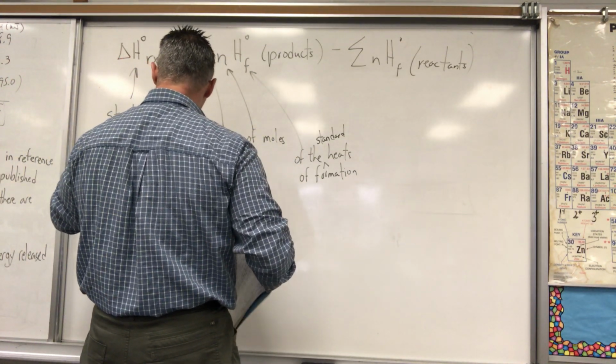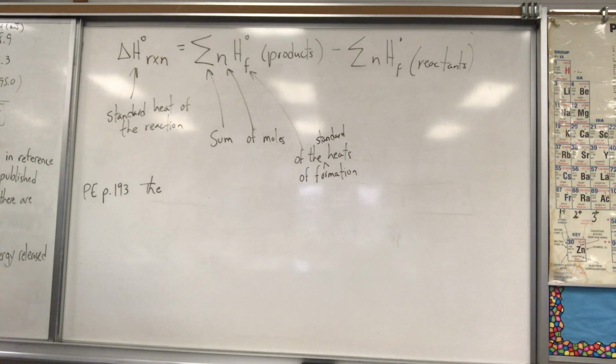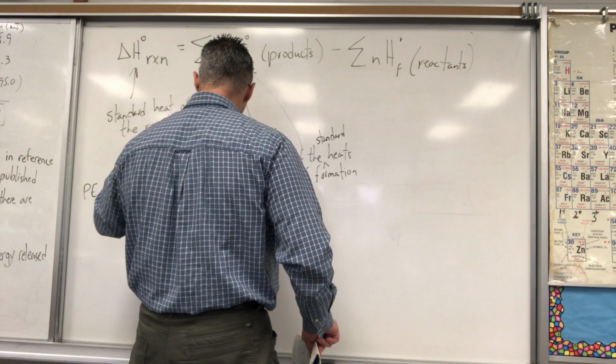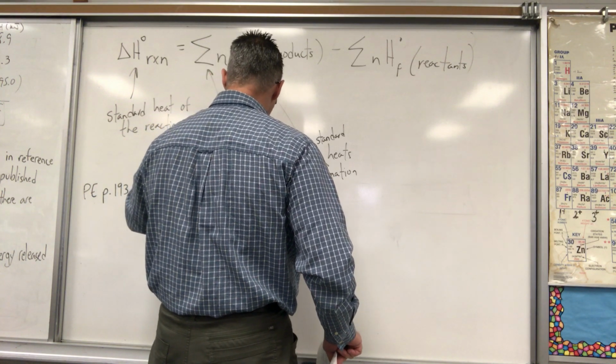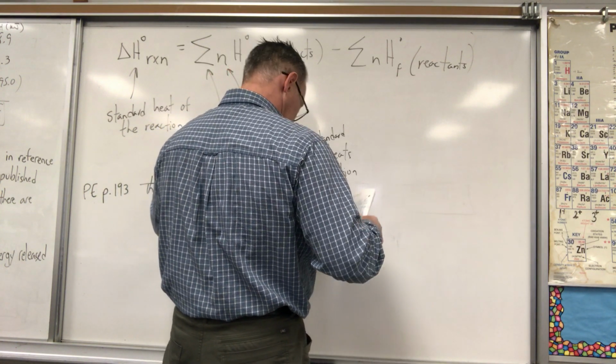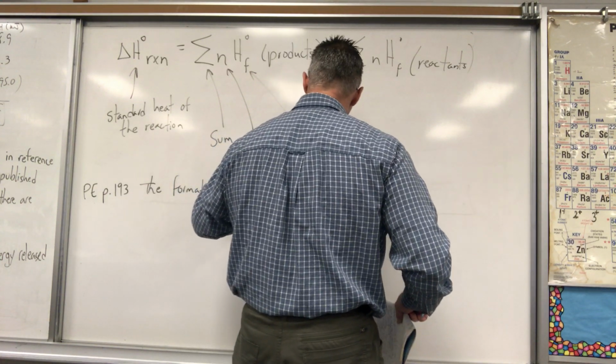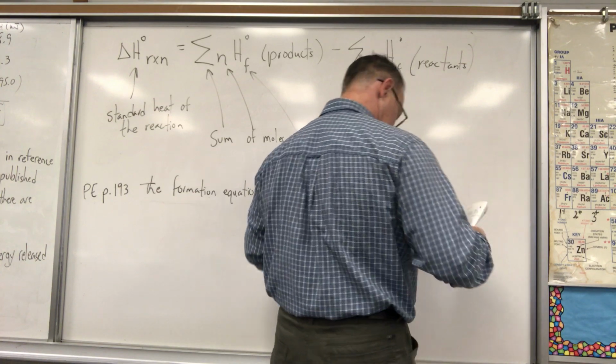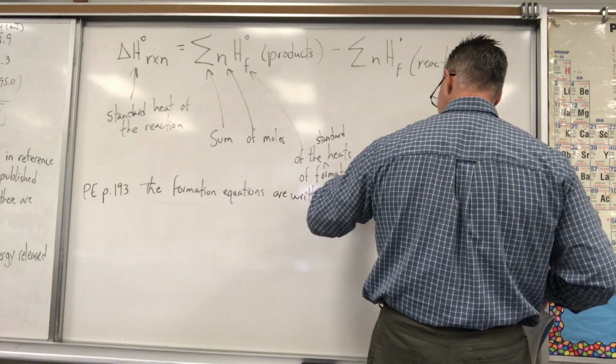The formation, well, what are they asking in the question? First of all, let's read that. It says, write the equation corresponding to the standard enthalpy of formation of liquid carbon tetrachloride, CCl4. Okay, so the formation equations are written from the constituent elements.